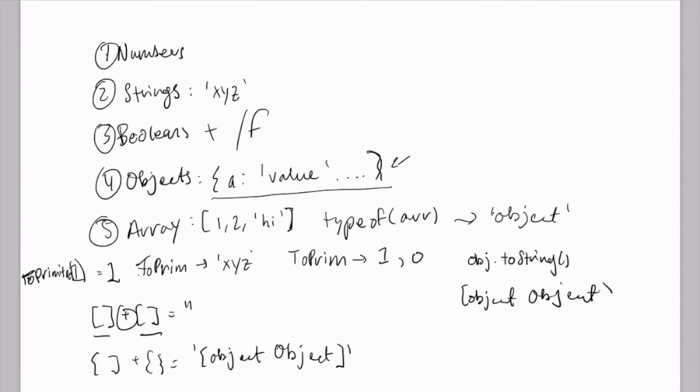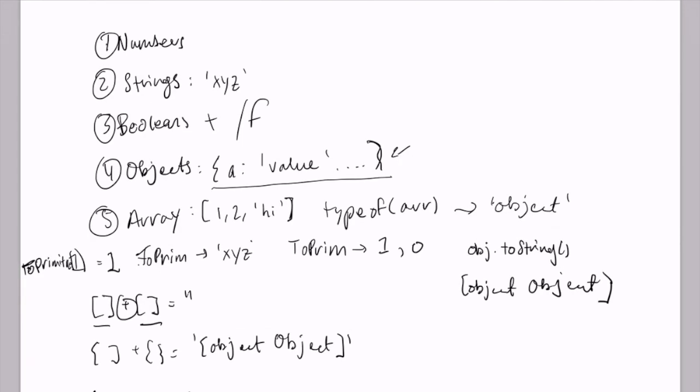Now for getting the primitive value of an array, recall that arrays are technically instances of objects. So whenever we get the primitive value of an array, since it is an object, we get the value back from calling toString on that object. So some background on that.